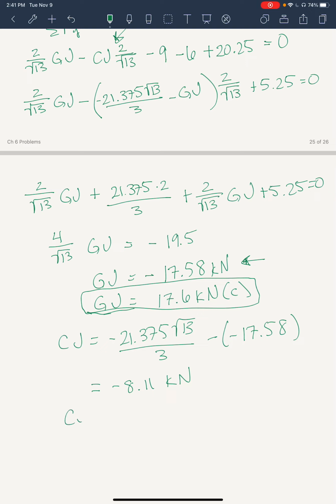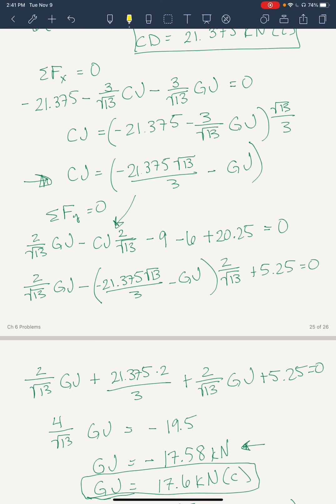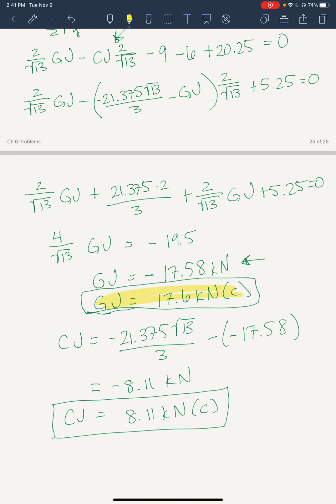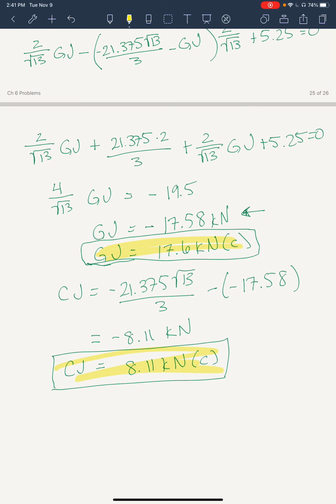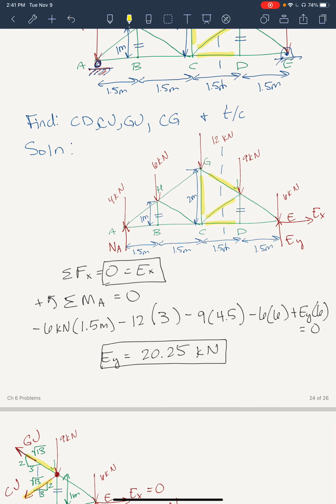So CJ equals 8.11 kilonewtons in compression. So we guessed wrong with that one also. So now we basically have the CD, GJ, and CJ. So we have the first part of it.